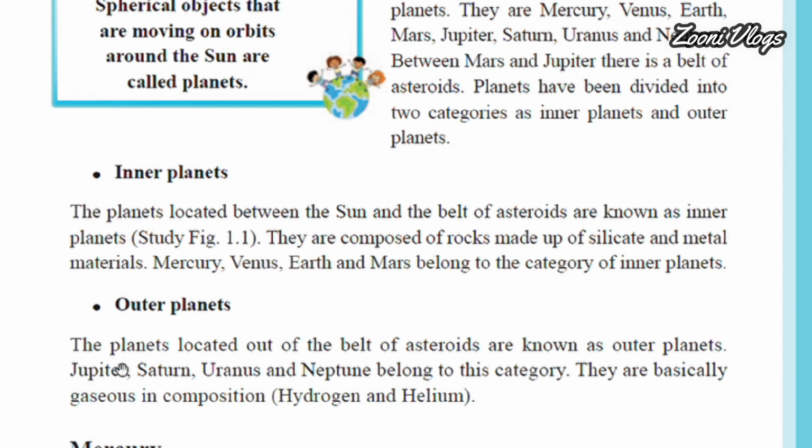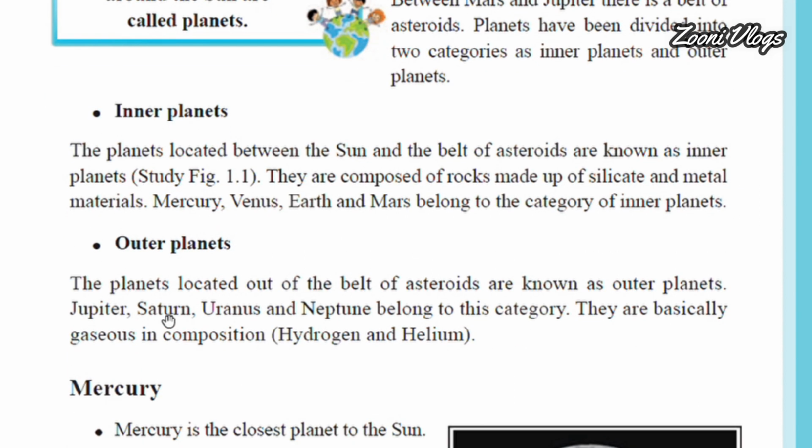Outer planets. The planets located outside the belt of asteroids are known as outer planets. Jupiter, Saturn, Uranus and Neptune belong to this category.